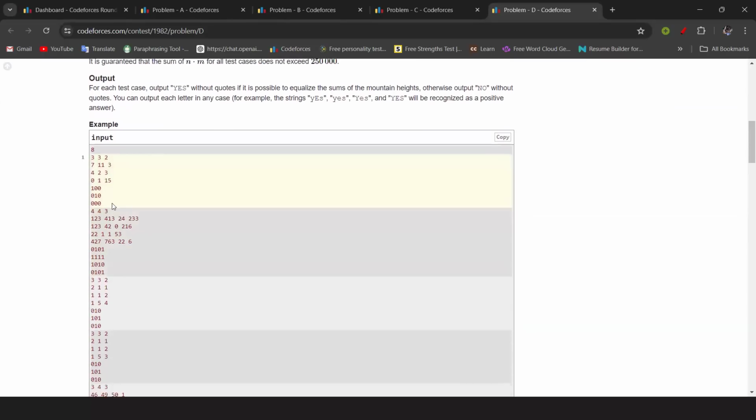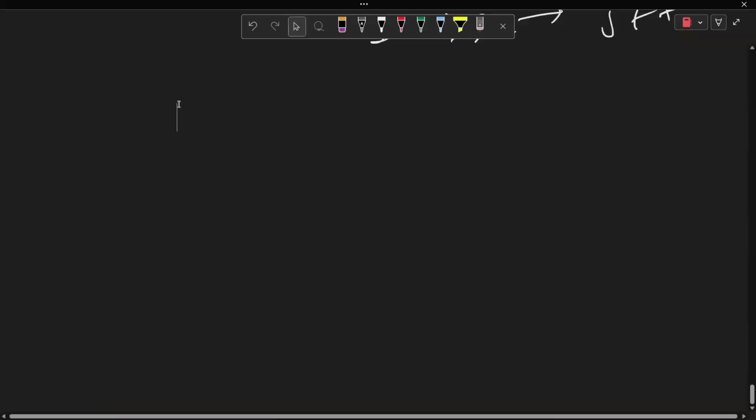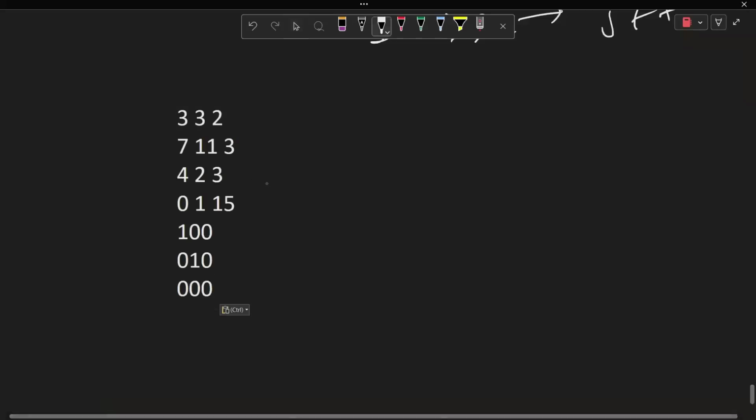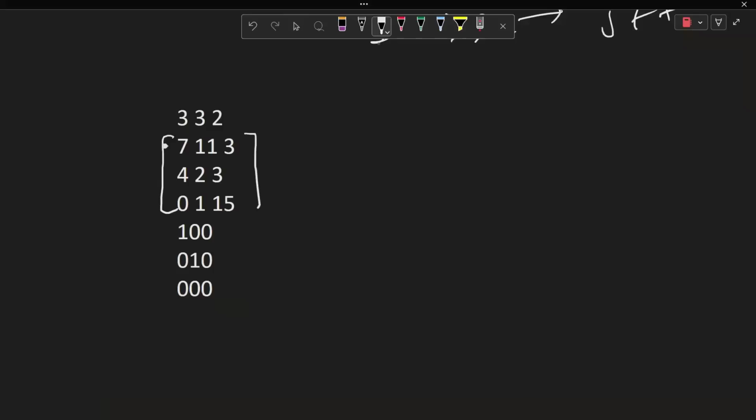To understand the problem more clearly, let's take the first test case. What we are actually given here is a 3 cross 3 matrix, and we are also given a vector of binary strings. What does that represent? One represents a snowy mountain and zero represents a non-snowy mountain.